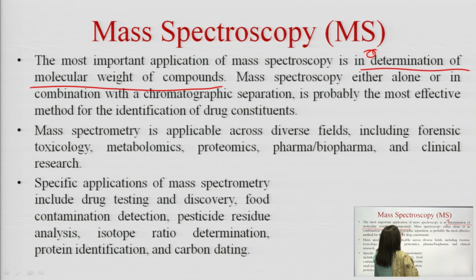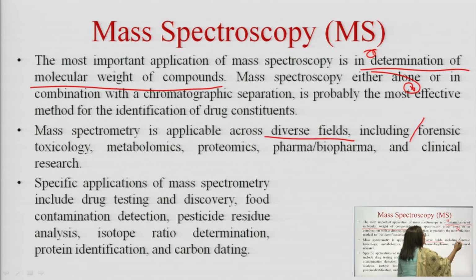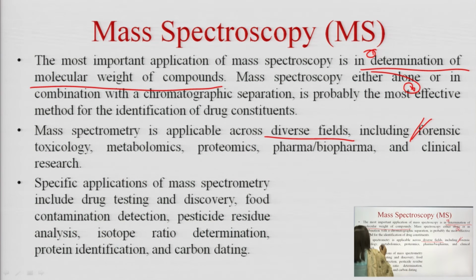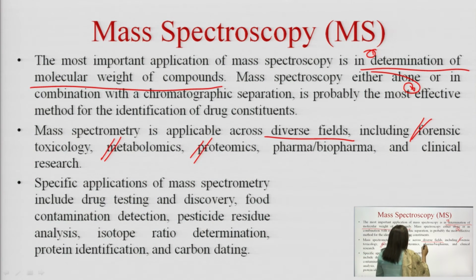Mass spectroscopy, either alone or in combination with chromatographic separation, is probably the most effective method of identification of drug constituents. It is applicable across diverse fields including forensic toxicology, metabolomics, proteomics, pharma or biopharma, and clinical research.